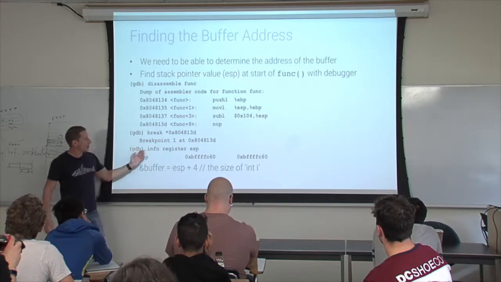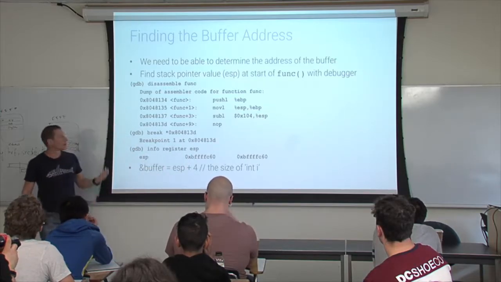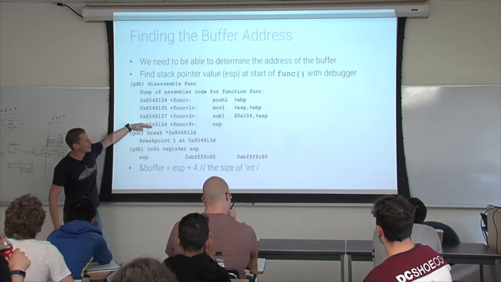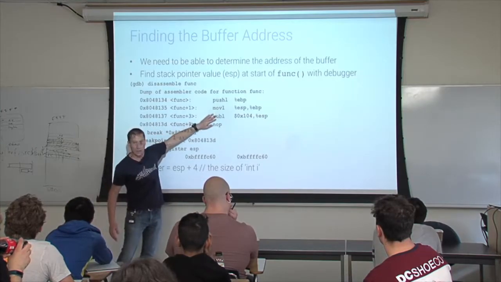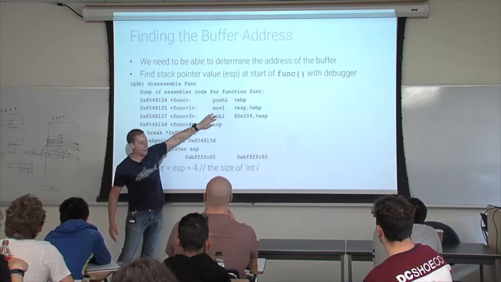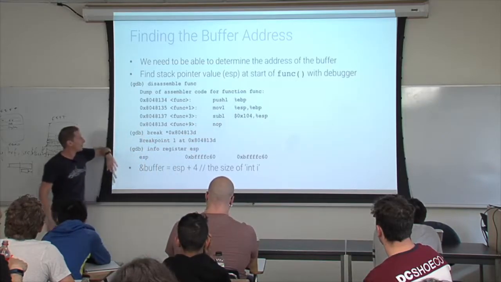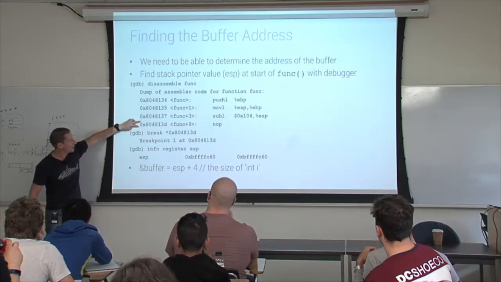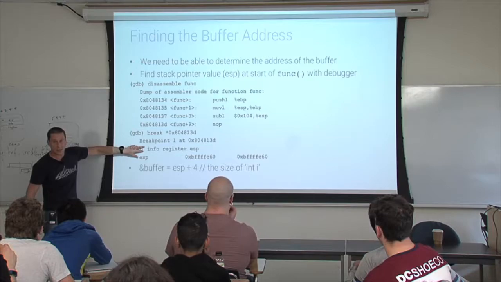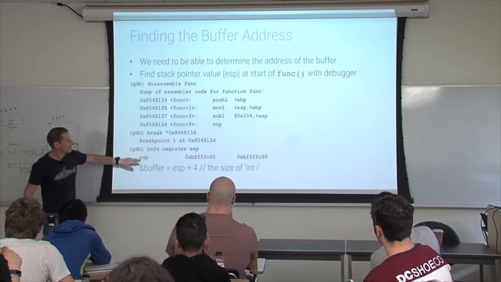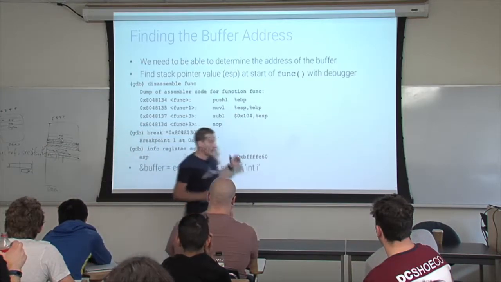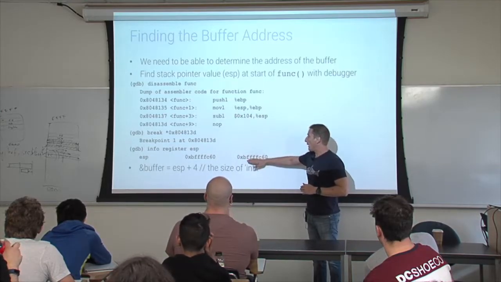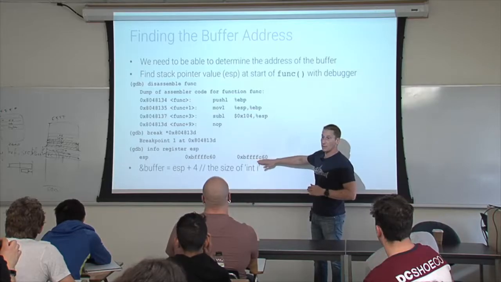I put it right after I enter the function and I allocate the stack, this is my 255 buffer plus local variables. I break exactly at this point in the code, and at that point I say, hey, give me the value of ESP. Now I know that the moment I enter the function, my buffer was BFFFFC60.